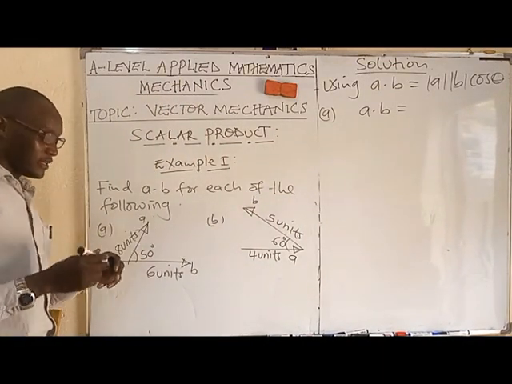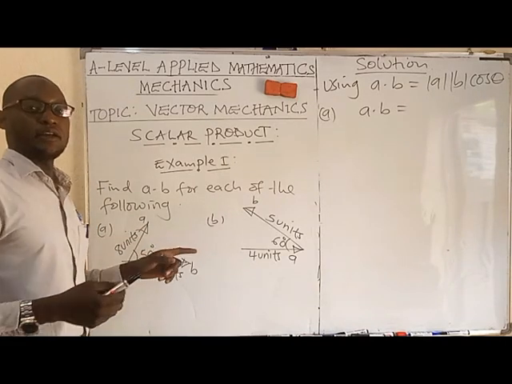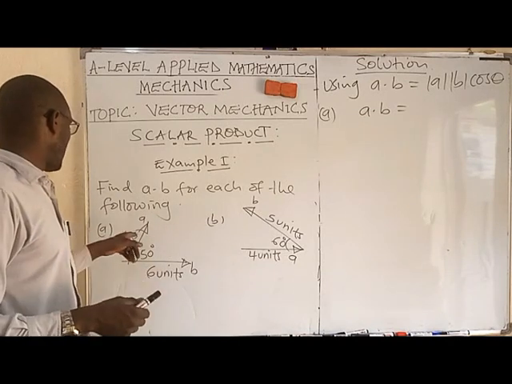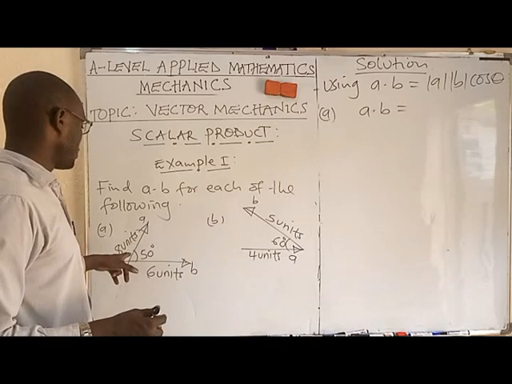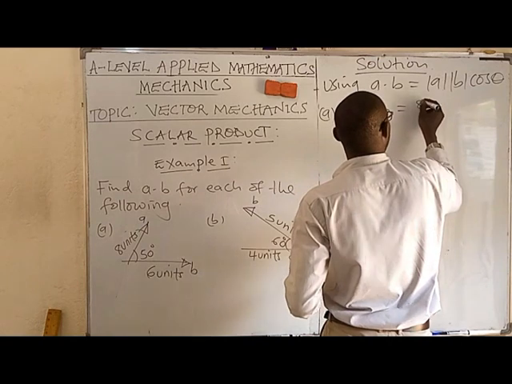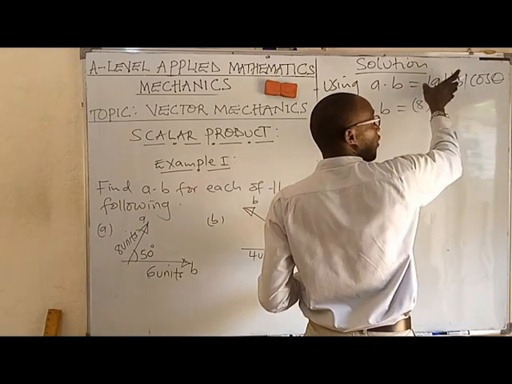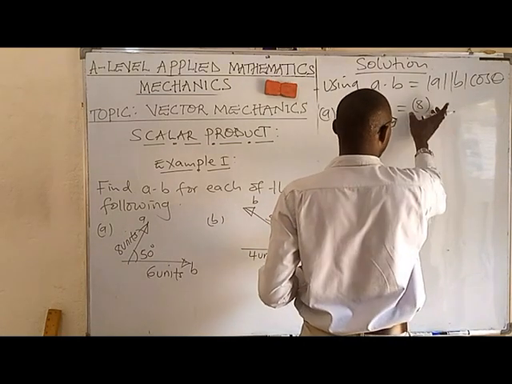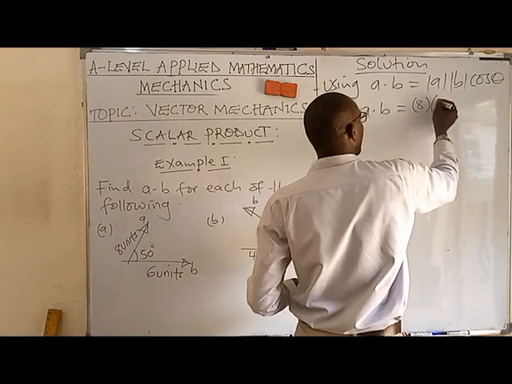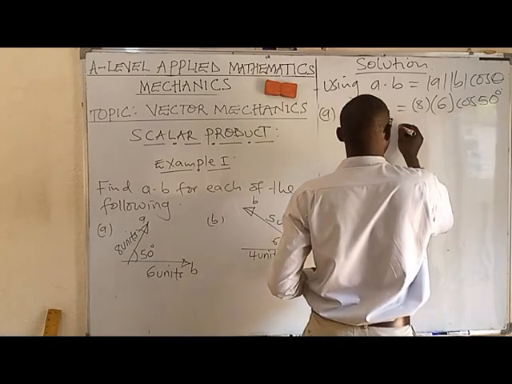If it was not given and it is in the form Aij, then we will employ the previously learned method of finding vector magnitude and then get a scalar. Vector magnitude will always give you a scalar. So A is 8. Don't again put the parallel double lines because these ones mean obtaining magnitude of a vector. But we have already got it, we can employ a bracket. So into B, which is 6, then cosine of 50 degrees.